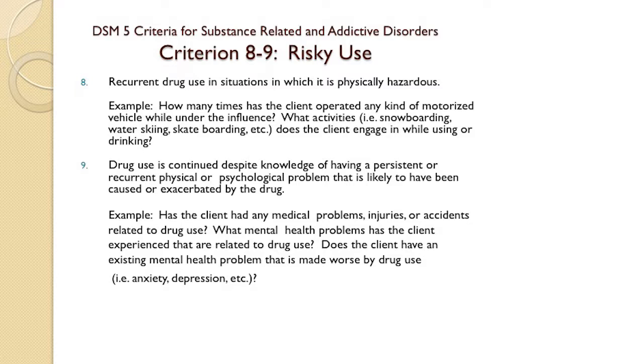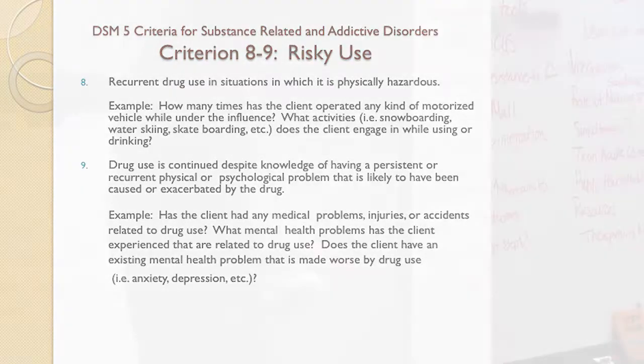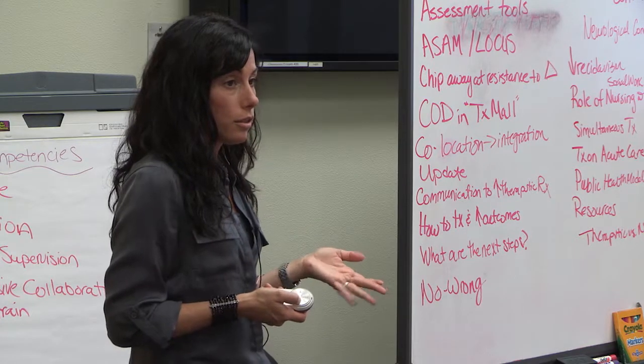Drug use is continued despite knowledge of having a persistent or recurrent physical or psychological problem that is likely to be caused by or exacerbated by the drug. This really hasn't changed. But questions like, what mental health problems does the client experience that are related to the drug use?